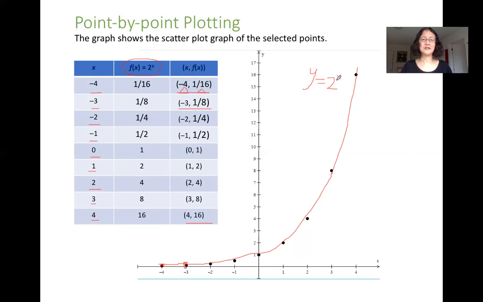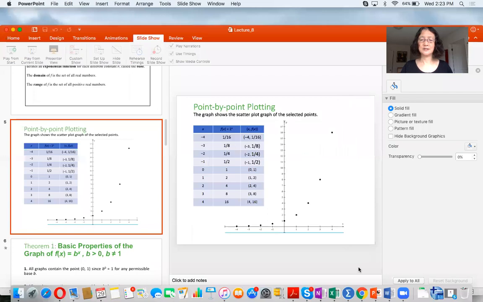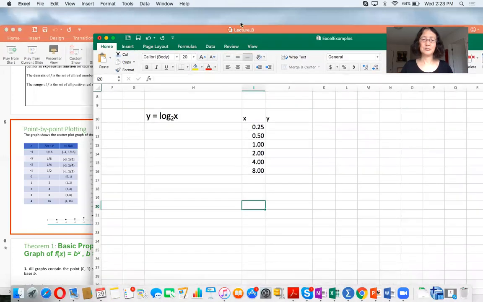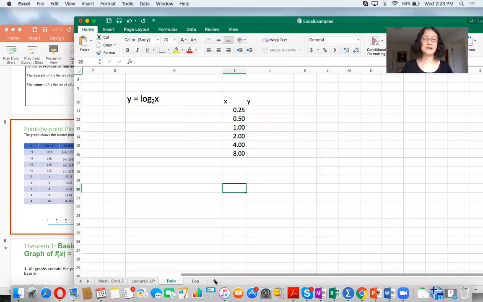And you can also do this by using Excel. I'm going to go to Excel to demonstrate. So I'm going to open a new worksheet.